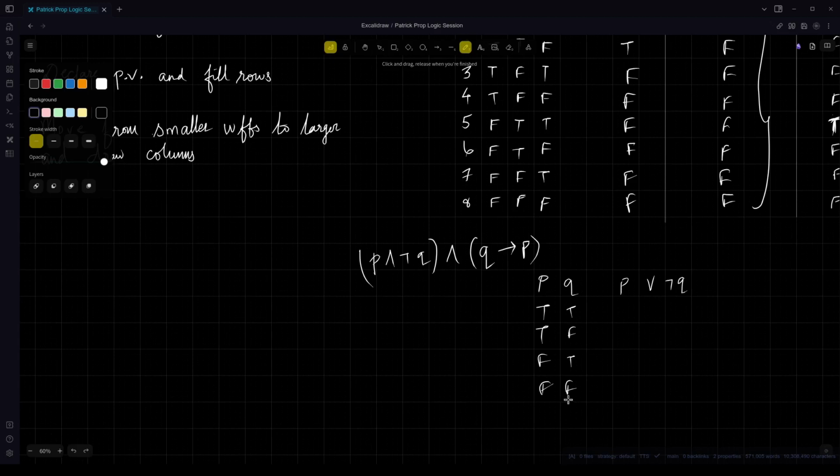Now we go from the smaller well-formed formulas to the bigger well-formed formulas. So this entire big thing is one well-formed formula, right? And then we break it apart into smaller well-formed formulas. And you could also break the brackets further. Let's say there is some proposition in there which contains some more brackets.